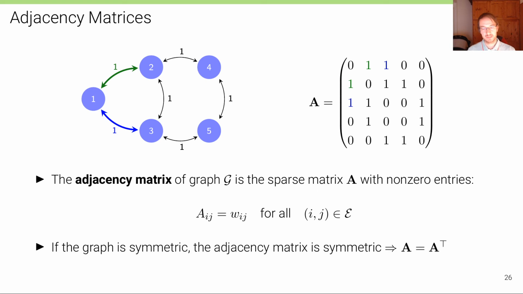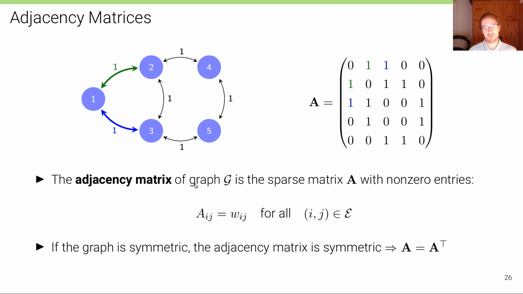The first operator that we define is the simplest one, which is just the adjacency matrix. So here we have a symmetric graph. In this case, it's an unweighted symmetric graph where we have just weights 1, or 0 if there is no connection between nodes.